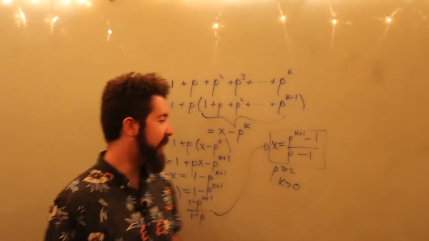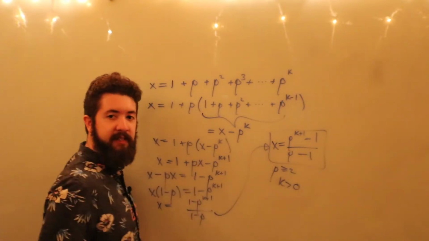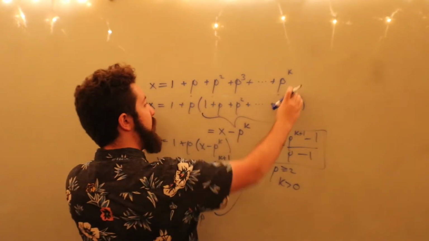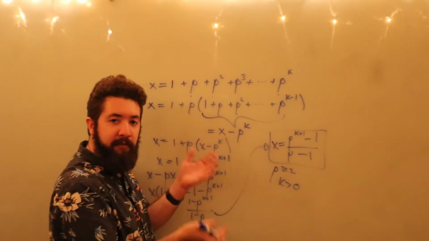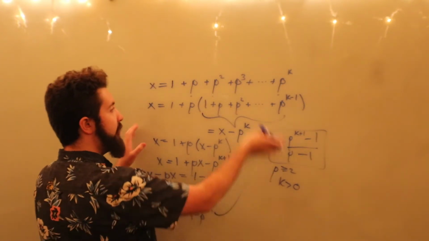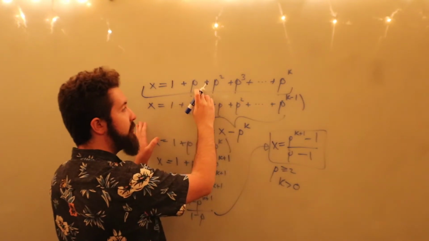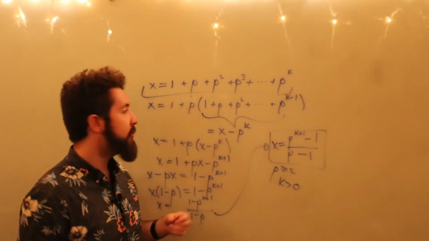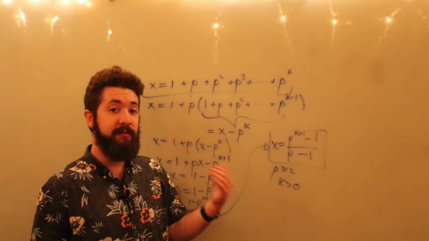And why do I make that claim? Well, it's equal to x, but what is x also equal to? We defined x as the sum of integers. Now, if x turned out to be a fraction and it didn't divide evenly, that would contradict this expression, because this is an integer plus an integer plus an integer all the way up to p to the k, so there's no way that x can be anything but a positive integer.